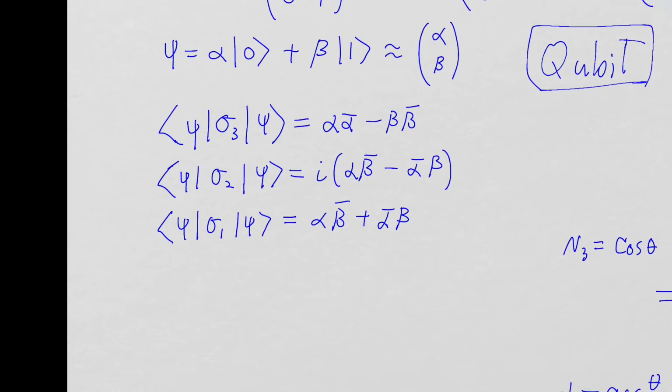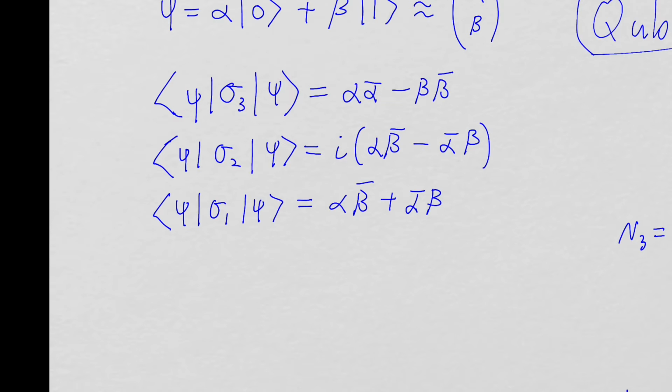Anyway, so if for a given spinor I want to find the expectation value of sigma 3, I literally am going to do a matrix process. And that matrix process is going to look like alpha conjugate, beta conjugate, times the matrix 1, minus 1, times alpha, beta, right?